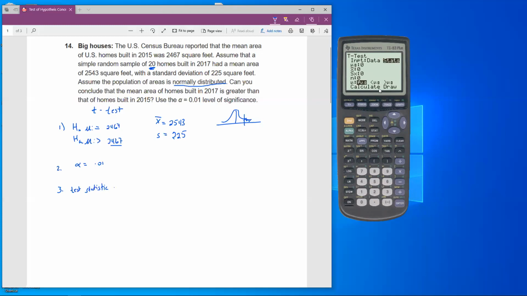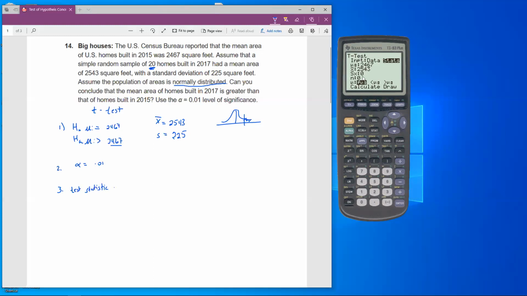So we're just going to hit data. And then we have what's our mu, what's our H0? That was 2467. Oops, we want stats. We don't want data. We want stats. All right, let's go back up here. Hit stats. 2467. And then what was our X bar? X bar was 2543.